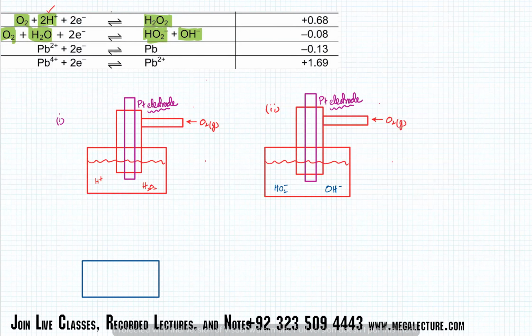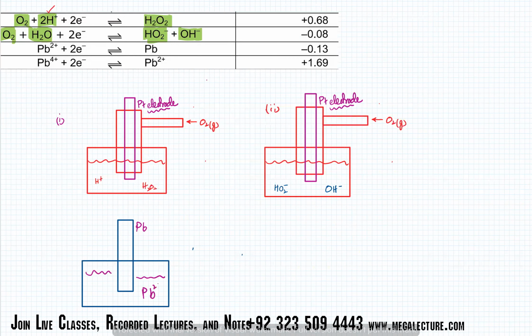So the third one is simply lead ions in the solution, and you'll have a lead metal electrode. That's the third one.